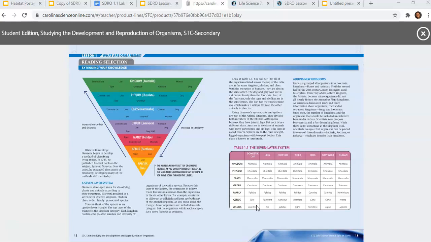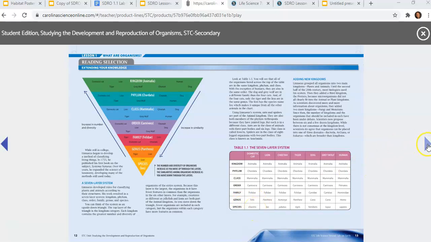So if we're talking about the scientific name of, let's say, the domestic cat, its scientific name would be Felis sylvestris. And there's a proper way to write that besides just italics. The genus name always starts with a capital letter, as you see here, the capital F in Felis. And the species name is always written in lowercase. So you see sylvestris does not have an uppercase letter. So the scientific name of the cat would be its genus and species name together, which would be Felis sylvestris.